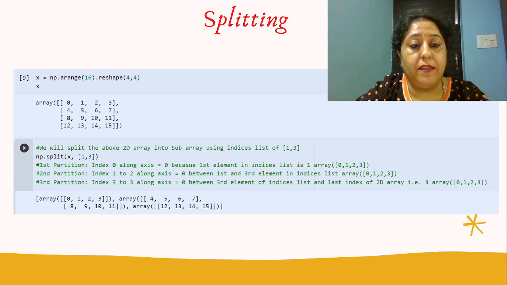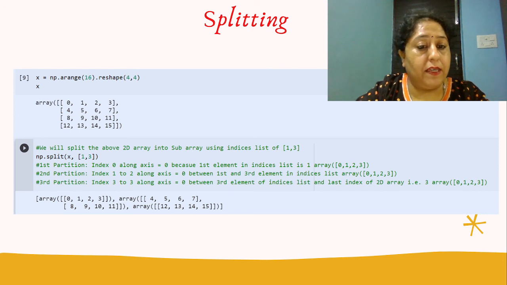Now the second partition will be from index 1 to 2 because you have specified the next element as 3. The third partition will be from index 3 till the last element of your array.